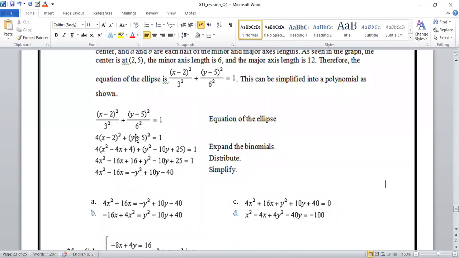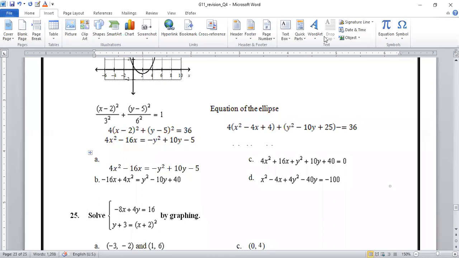Equation of the ellipse: (x minus 2) squared plus (y minus 5) squared equals 36, by multiplying the equation of the ellipse by 36.